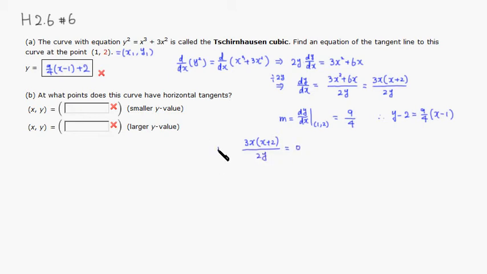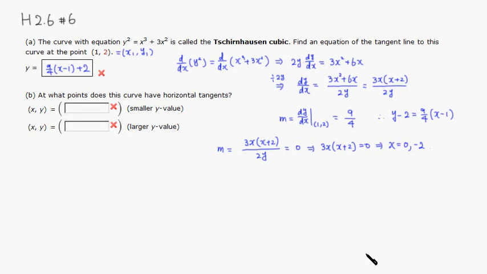So this was the slope. Then we can set the numerator equal to 0, so 3x times (x plus 2) equals 0. Therefore, x is either 0 or negative 2.